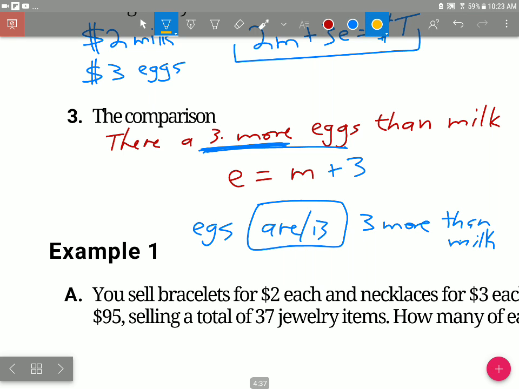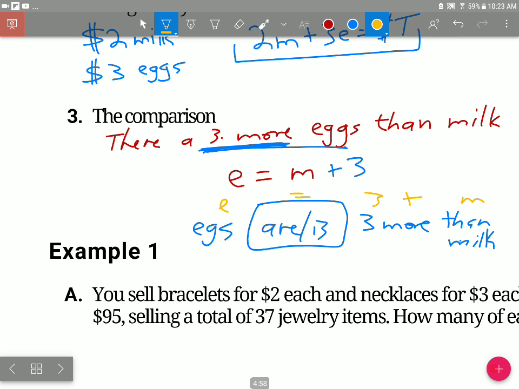You've got eggs equals 3 more than milk. You following on that? So sometimes you can read them right off, sometimes you can't. But those are the hardest ones to grab. So you've got to think through it. What do I got to do to make them equal? And we'll get to those in a little bit.